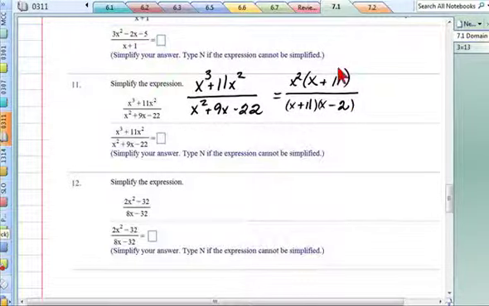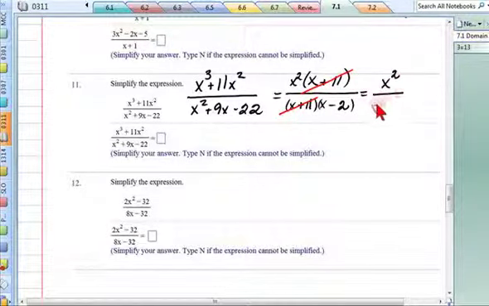What do you see as common factors? X plus 11, x plus 11. What does that leave me with as an answer? X squared over x minus 2. Now, I can go get my red color again, and should I mark these out? This x minus 2, was it in parentheses?